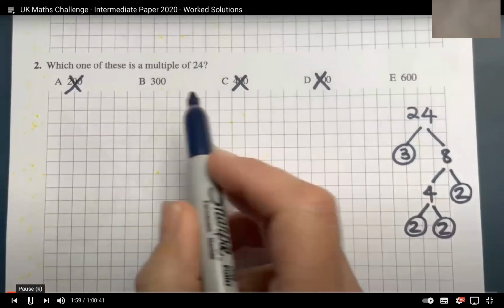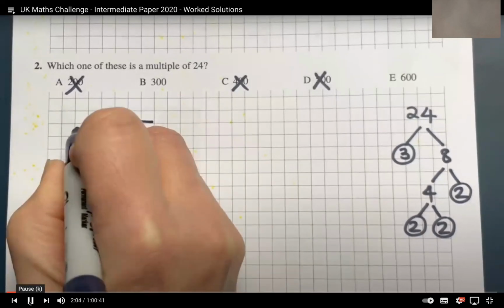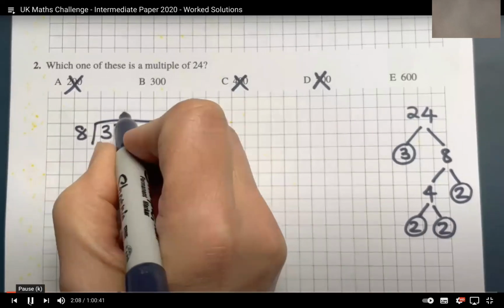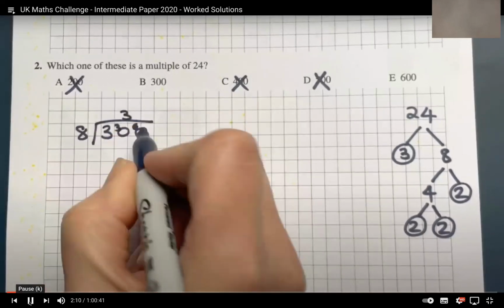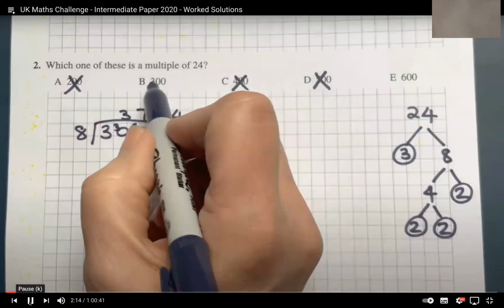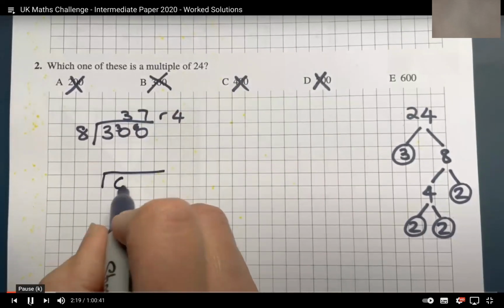So if I start with 300 first, quick bit of short division gives me 8 goes into 3 3 times, remainder 6, 8 goes into 60, and we can see straight away that it can't be 300. I now just quickly want to double check, make sure I've got the right answer.